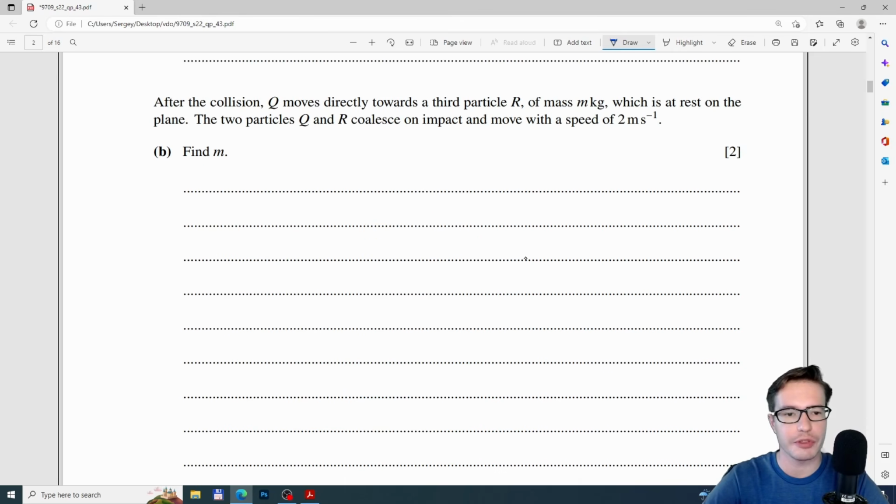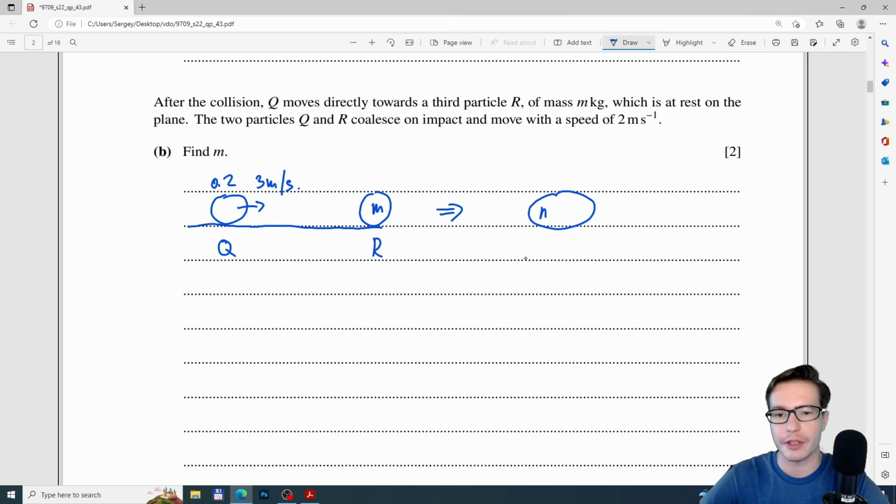Okay, next question, I will draw the diagram again. Now the particle Q continues to move with a velocity 3 meters per second, and its mass 0.2, and then it hits a particle R, mass m, and then after the collision, they combine together and make the particle of mass m plus 0.2, which moves with speed 2 meters per second.